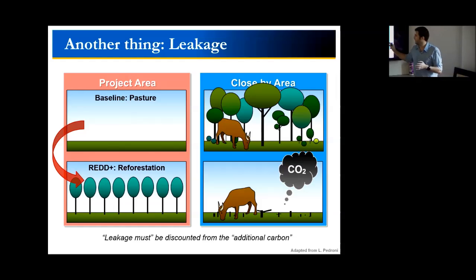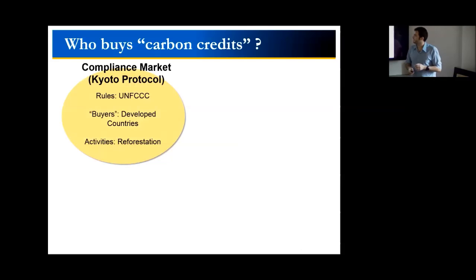This is called leakage. It's the displacement of emissions as opposed to reduction of emissions. Okay, and if you have leakage, you need to discount it from those additional carbon volumes that I showed you.